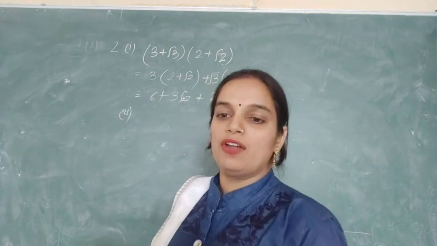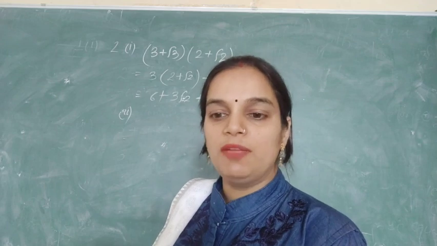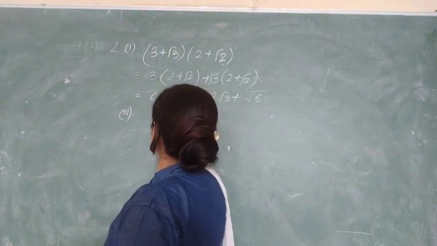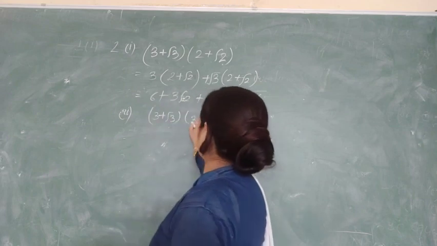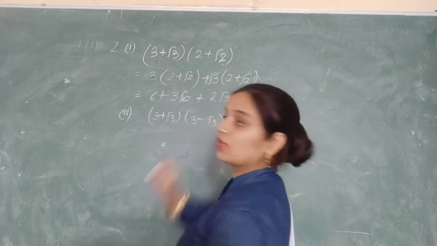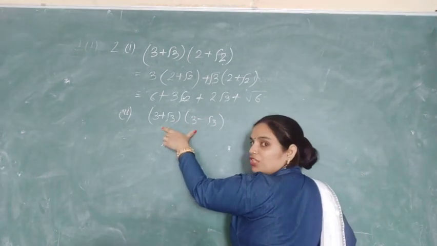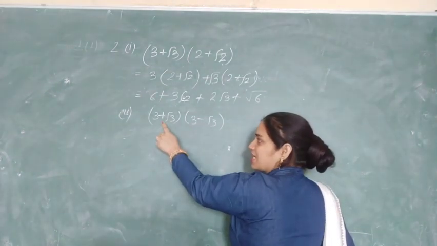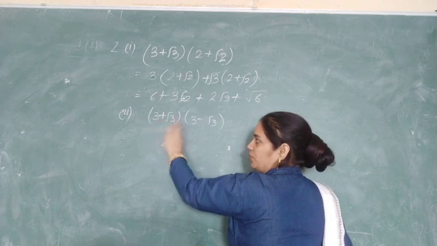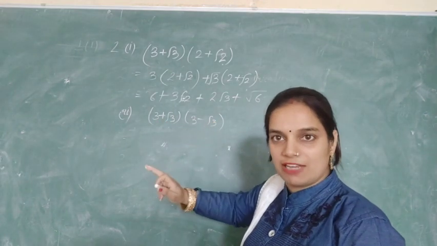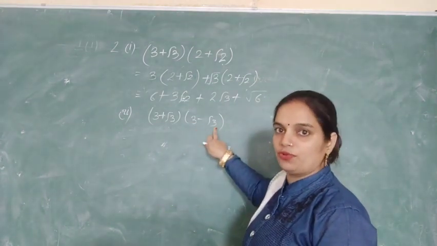In its second part, we have to multiply 3 plus root 3 with 3 minus root 3. We see here that in both expressions, the first expression has 2 terms, which are 3 and root 3, and the second expression also has the same terms, 3 and root 3.